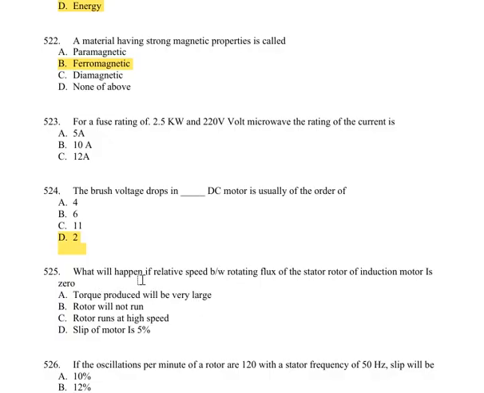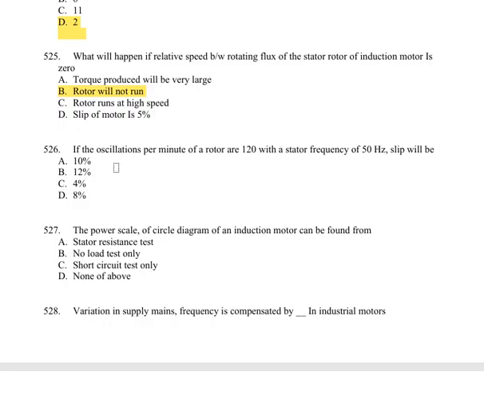What will happen if the relative speed between the rotating flux of the stator and rotor in an induction motor is 0? The rotor will not run. If the oscillations per minute of the rotor are 120 with a stator frequency of 50 Hz, slip will be 4%.